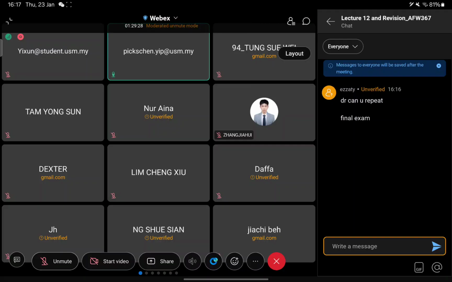Okay, so there are a total of 5 questions. Each question 20%, so added together will be 100%. And then the weightage between calculations and theory is 80% calculation, 20% theory. Approximately 80% will be calculation, and approximately 20% will be theory. Okay?